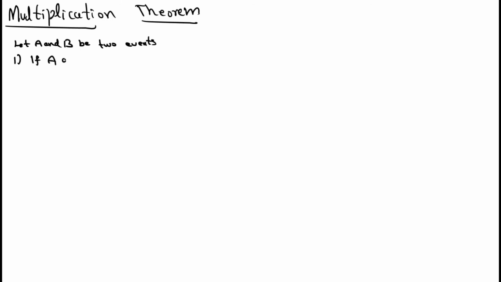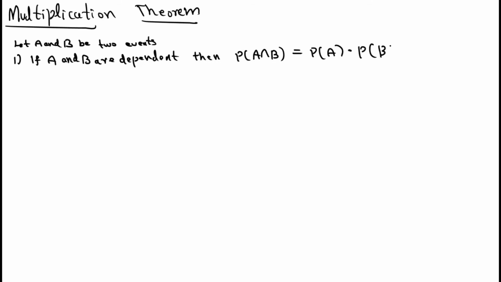Take the first case. If A and B are dependent, then our multiplication theorem is: probability of A intersection B is equal to probability of A into probability of B by A. That is, probability of the first event into probability of the second event B, but the condition is that event A has already occurred.